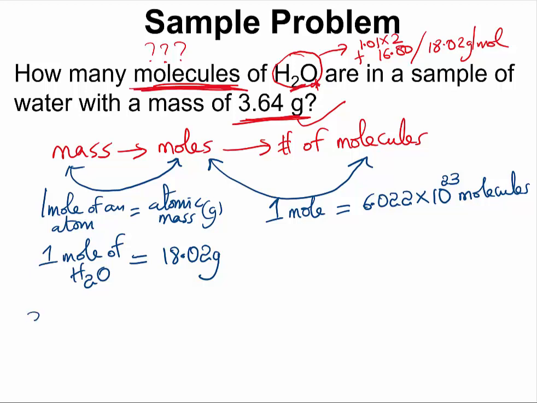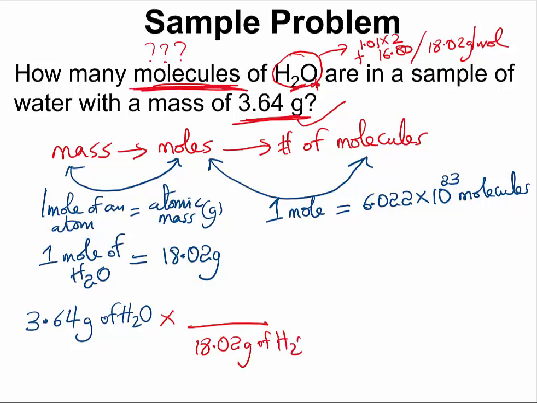We can now easily go from the mass to the number of molecules. So if we have 3.64 grams of water, we can use the first conversion factor, which is to change the grams to mole. We know the conversion factor: 18.02 grams of water is equal to 1 mole of water.